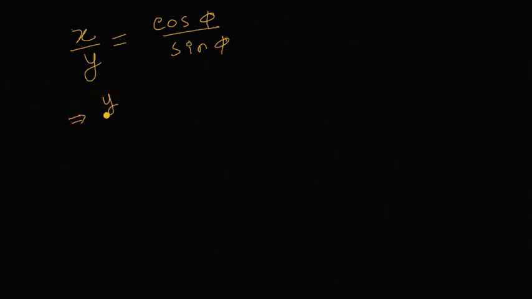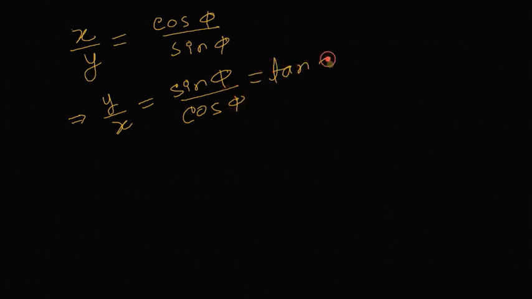So if we divide x by y, we get cos phi by sin phi. Then if we write it in the reverse order, we get y by x equal to sin phi by cos phi, which can be written as tan phi. So we can write phi equal to tan inverse of y by x.